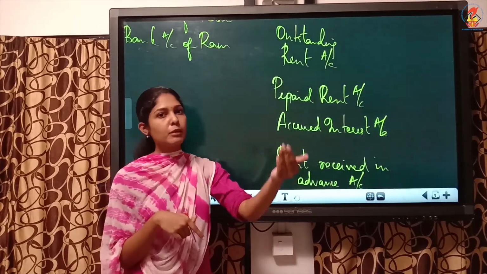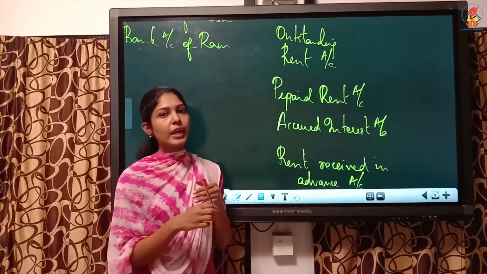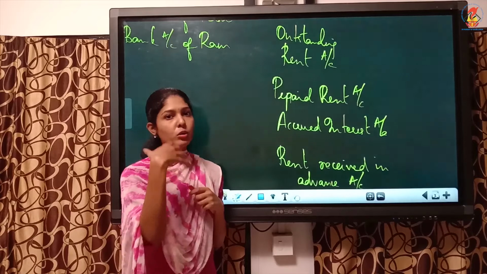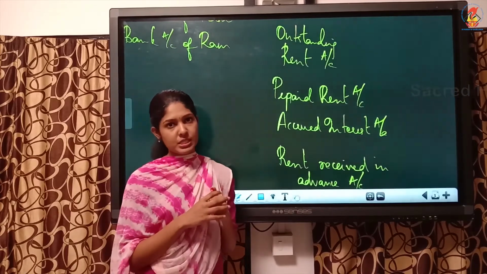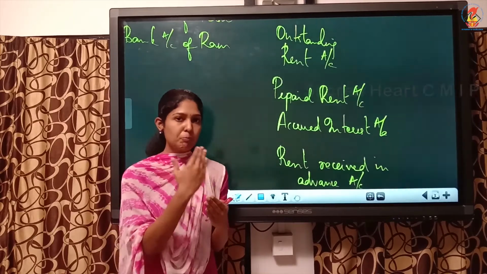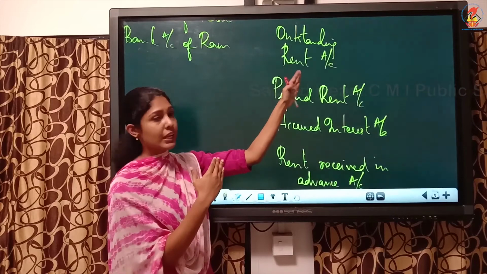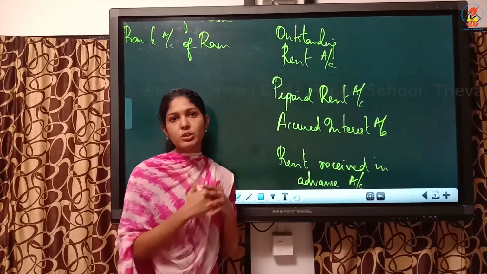Outstanding means not yet paid, so it is a liability for you. So outstanding rent account shows the amount payable to a person or a group of persons. Understood? Outstanding rent here means the rent payable to a landlord.